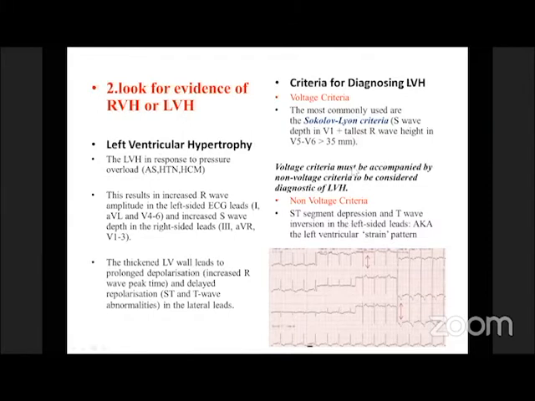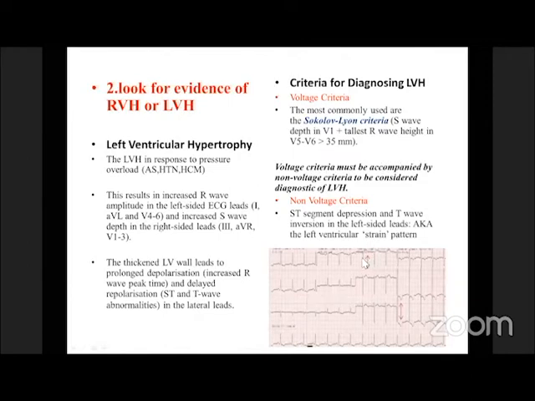Sometimes you may face a normal person who has voltage criteria of left ventricular hypertrophy, especially in thin patients, but to be considered pathological it should be associated with non-voltage criteria of LVH. It means T wave inversion in the left-sided leads and ST segment depression.